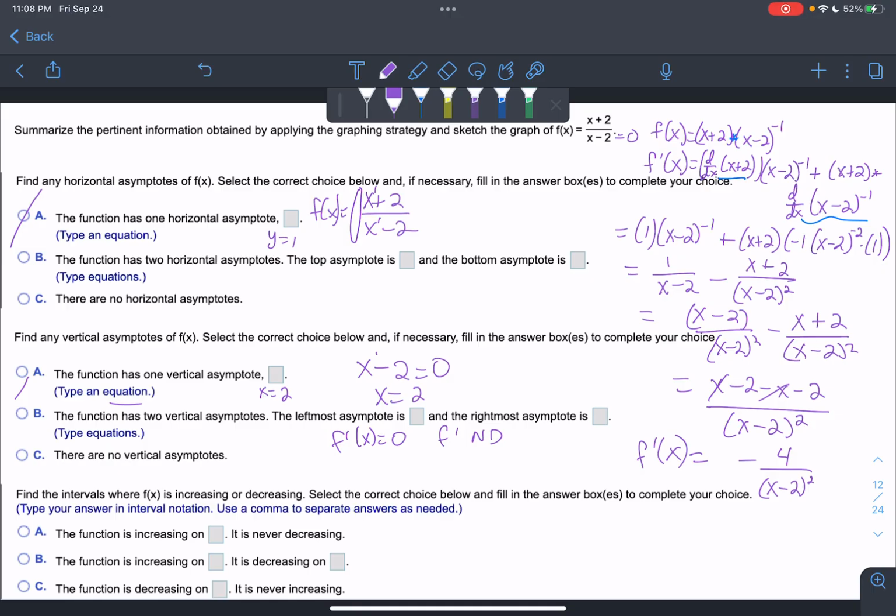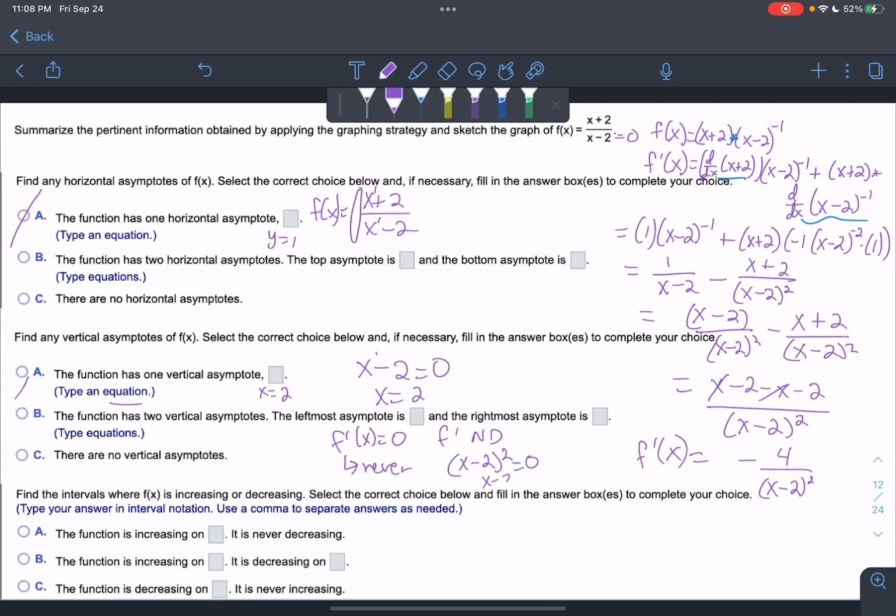So because my numerator is a positive number, there's no x's in there, this will never be equal to 0. But it will not exist when the denominator of my derivative is equal to 0.